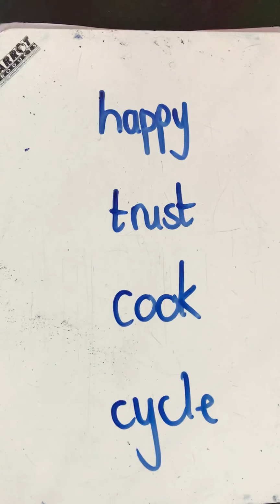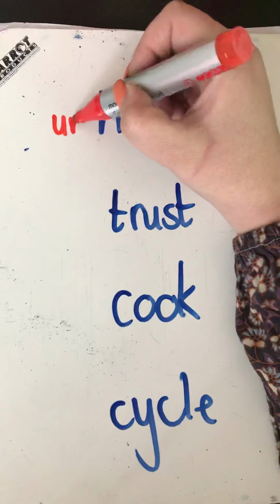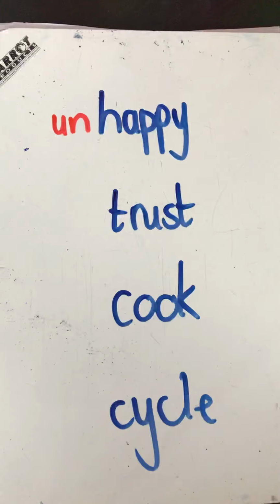Good. Now, we already established that a prefix is a bunch of letters that you put in front of a word, and then they change the meaning of that word. Now, let's see. If we put these letters in this order in front of this word, does the meaning change?